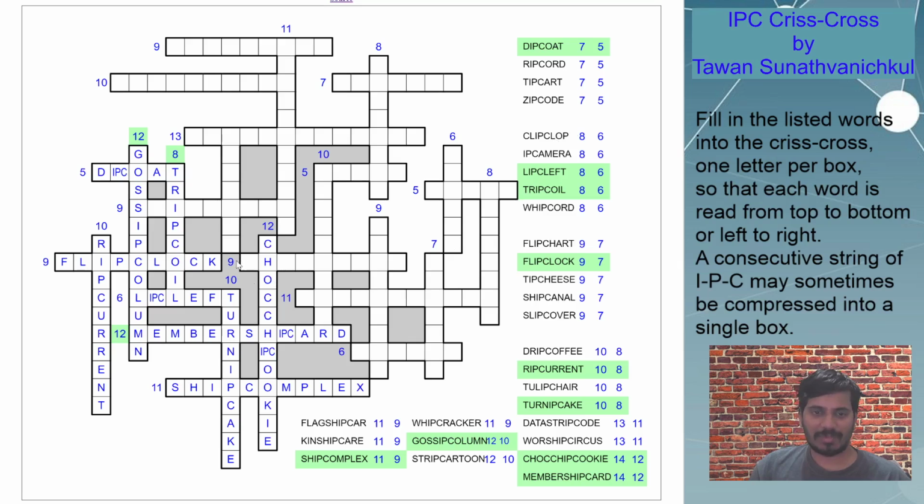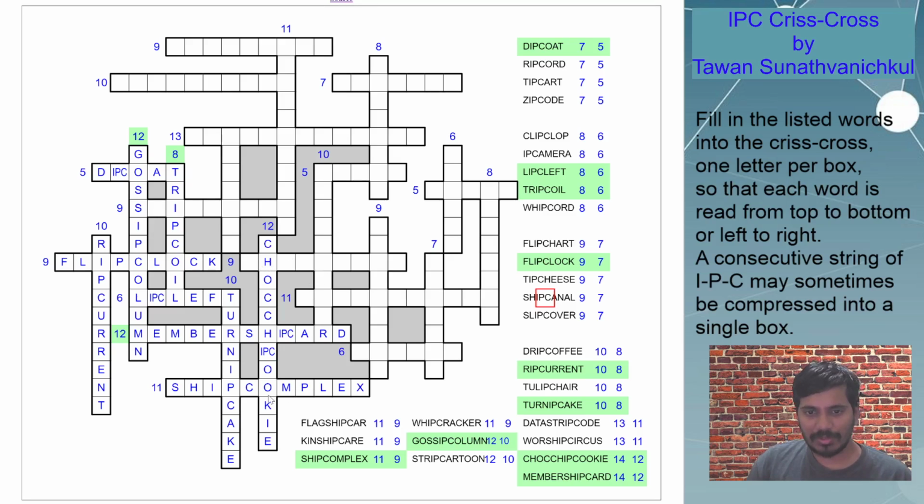Now, for example, the next word I can check out is this 9 row with second letter H. So let's check that. Flagship not possible, whip cracker possible, slip cover not possible, ship canal possible. So we have two possibilities again.